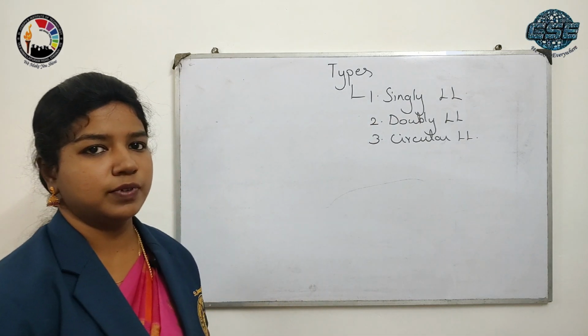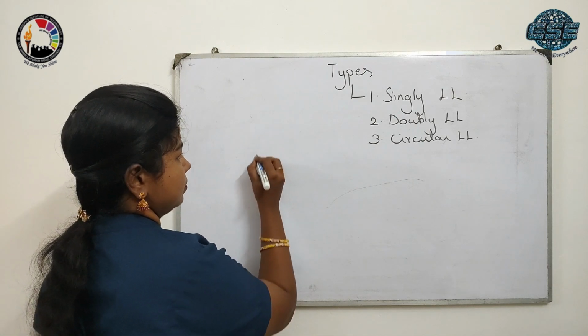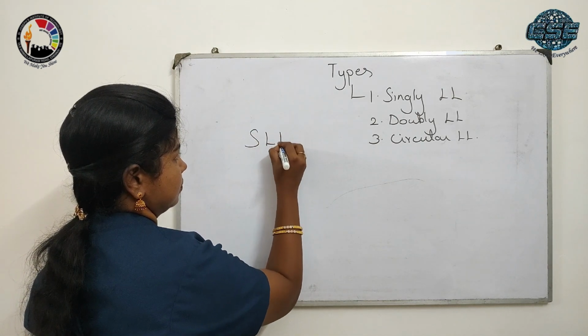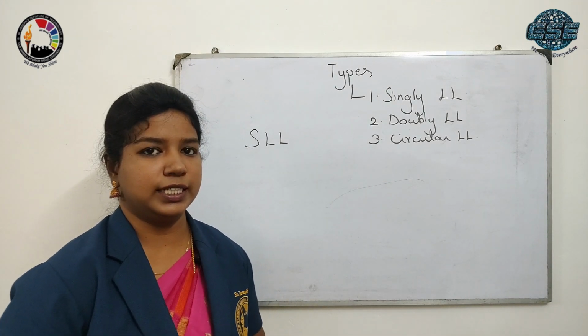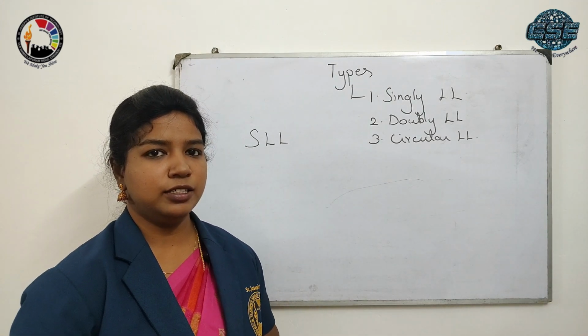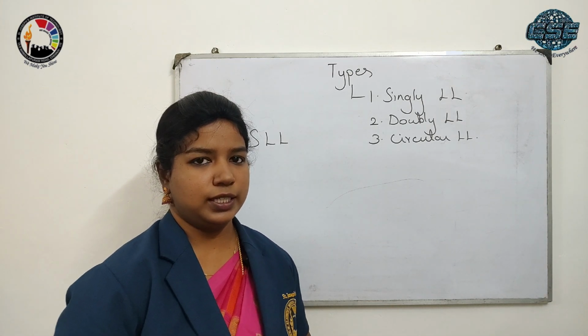So in today's class, we'll briefly learn about singly linked list. A singly linked list is a linked list which has a link to only one node, which points to the next node.